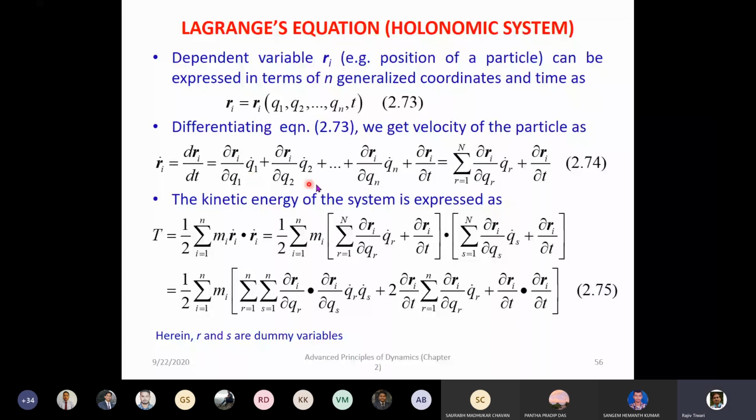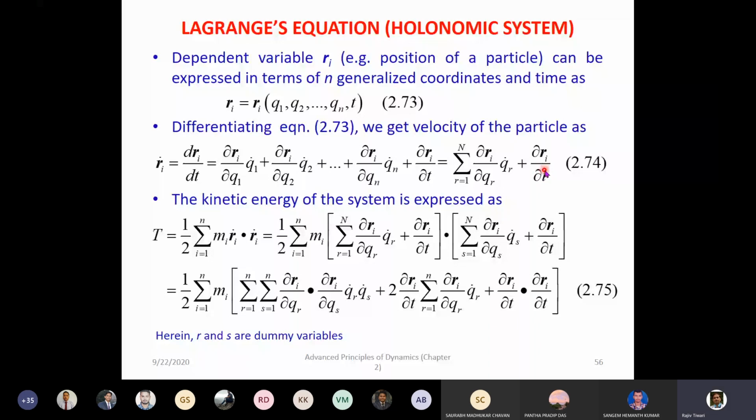And then because it depends upon time also, we have the partial derivative of r_i with respect to time. So this is the expansion of this total derivative because r_i depends upon all these parameters. The first n terms can be put in a summation form because they are similar in nature, but del r_i by del t can be put separately here. So this is the velocity.